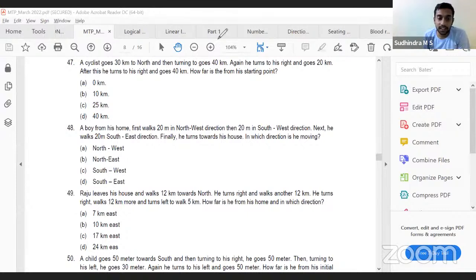Yes, it is 17. Walks 12 kilometers towards north, turns right, walks another 12 kilometers, turns right, walks another 12 kilometers. So he's exactly 12 kilometers towards east from his house now. Now he's taking a left, not right. Since he is coming from that side, left means this side, right?